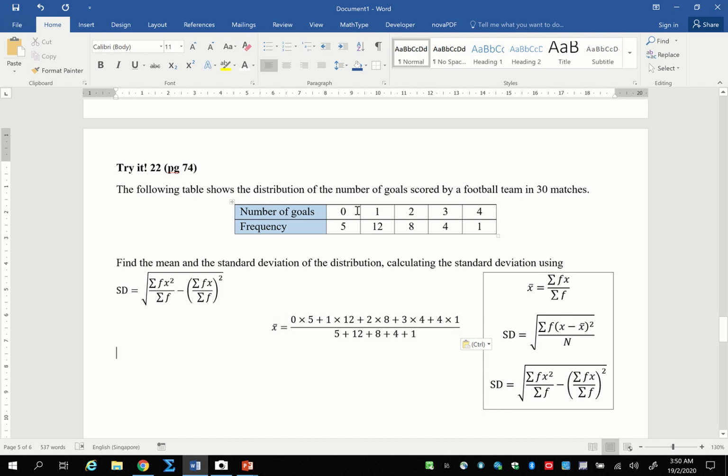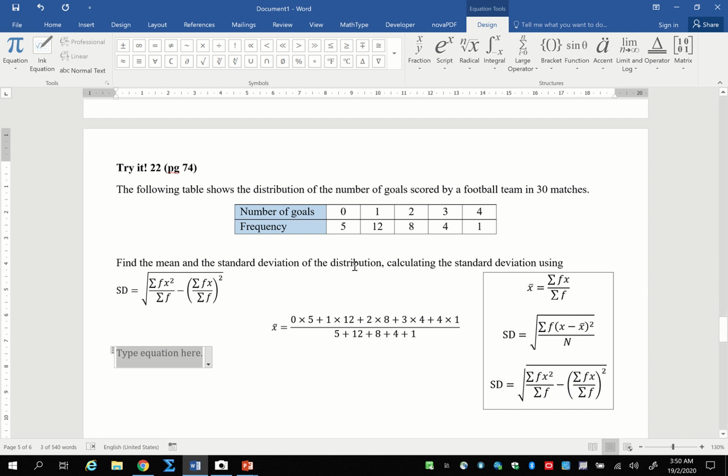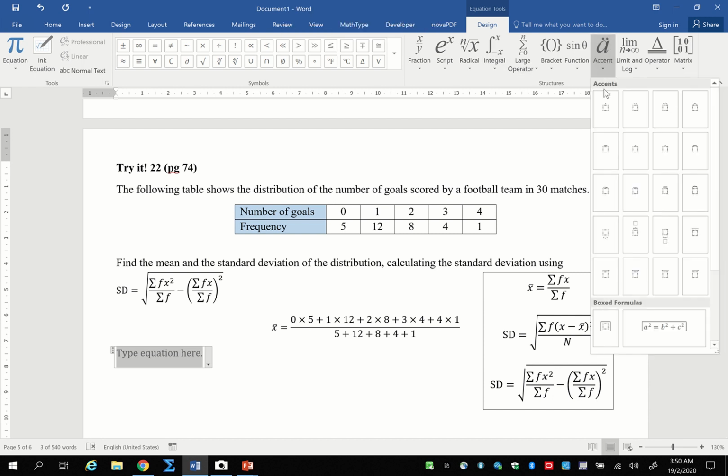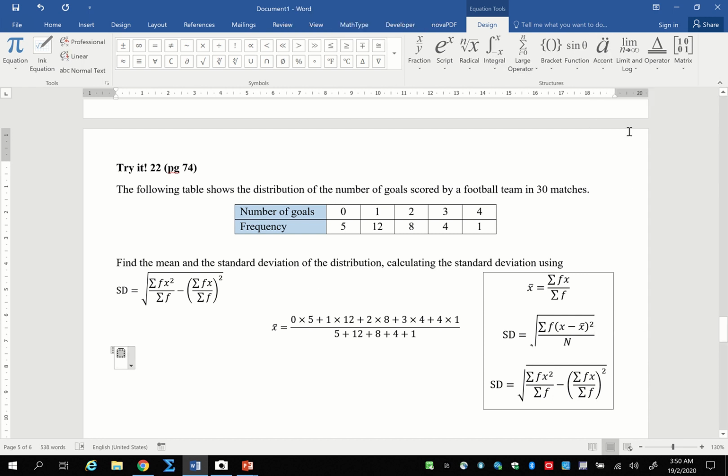We just take each number of goals multiplied by the frequency, and we will have x bar equals to, so just calculate everything inside: 0 times 5 plus 1 times 12 plus 2 times 8 plus 3 times 4 plus 4 times 1, and divided by 30.